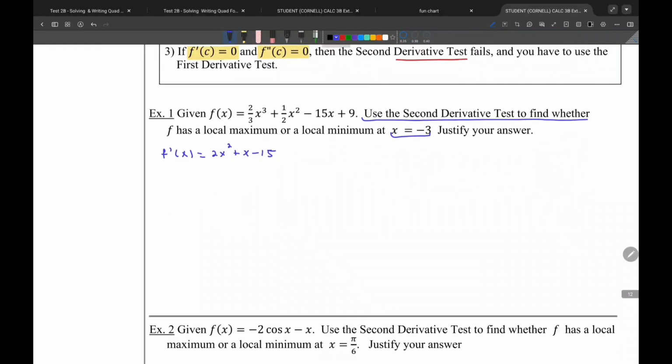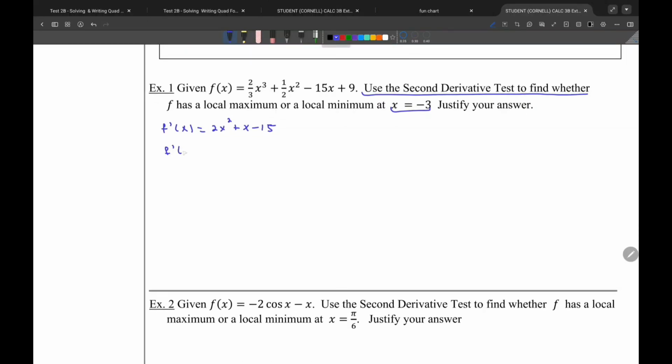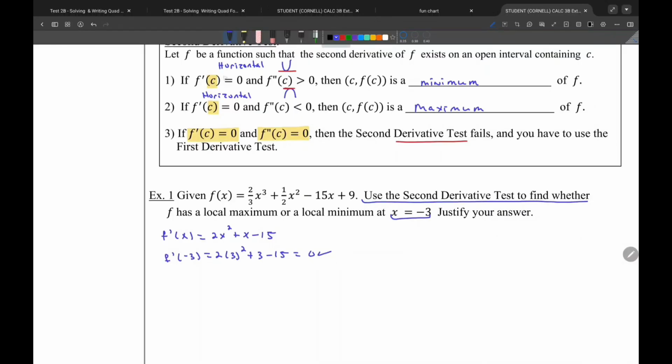So in this case, we're evaluating it at x equals -3. So f prime of -3 is 2 times 3 squared plus 3 minus 15. And so this is 0. So the first derivative is equal to 0. That maintains the first part of our definition or our test.